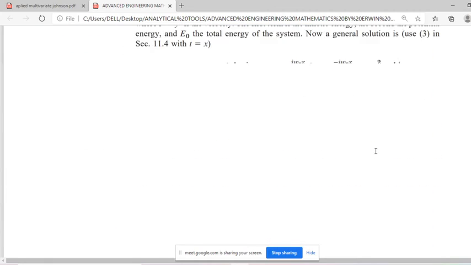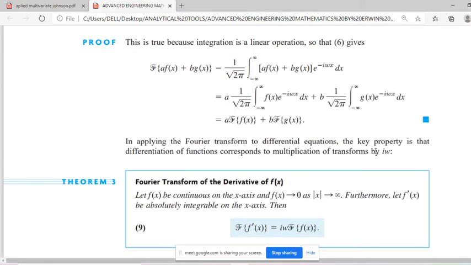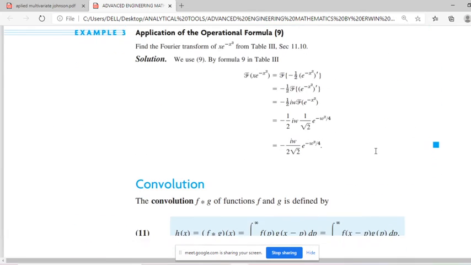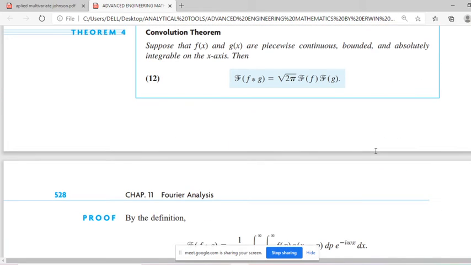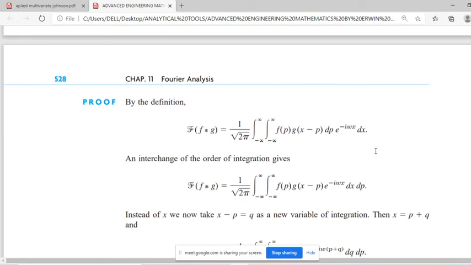Instead of f cap we can consider it as f star g. So we can consider the transformation here.